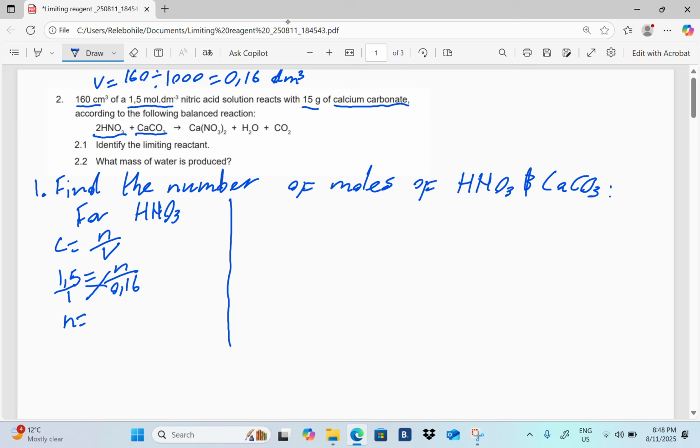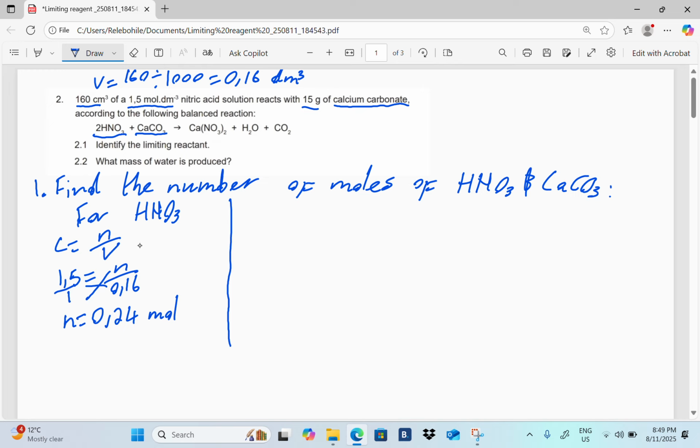I'll use my calculator for that. The answer I get is 0,24 moles. This is my number of moles for nitric acid.